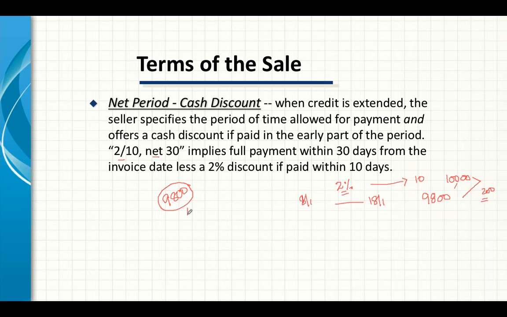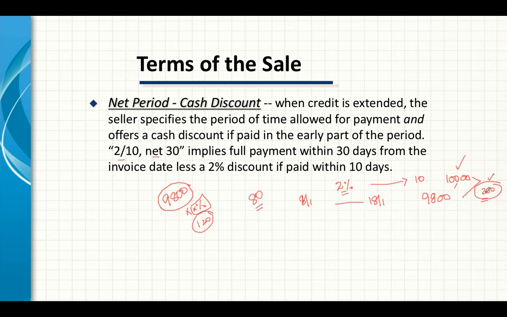Say the borrowing cost is, say for example, with X percentage of interest, it is $120. You pay $120 cost of interest on borrowing and you avail a discount of $200. This is called cost of not taking the discount.